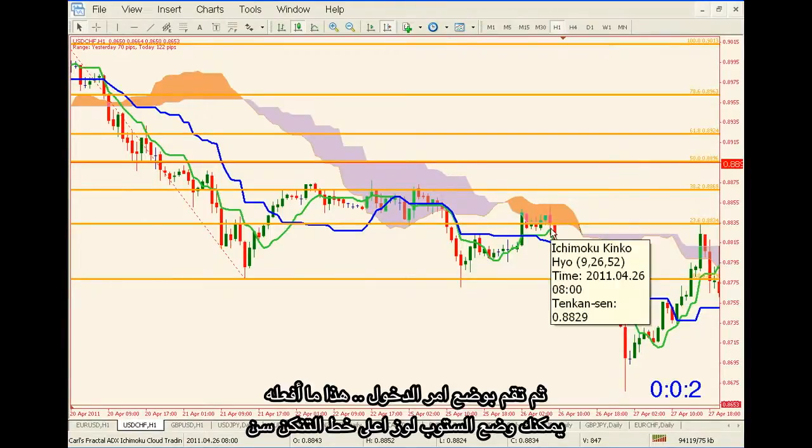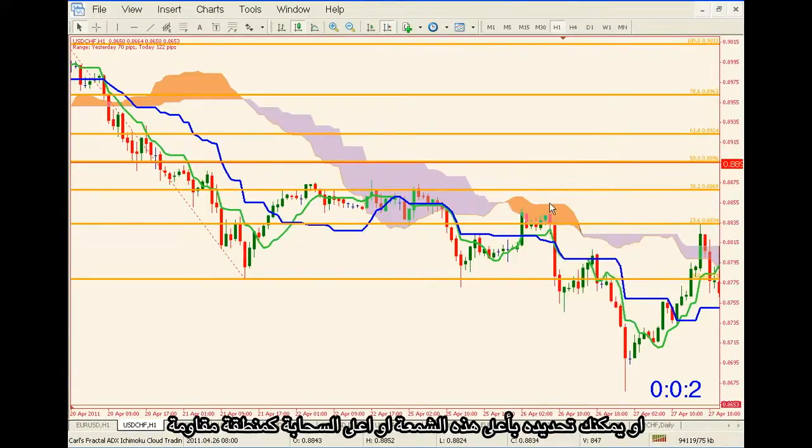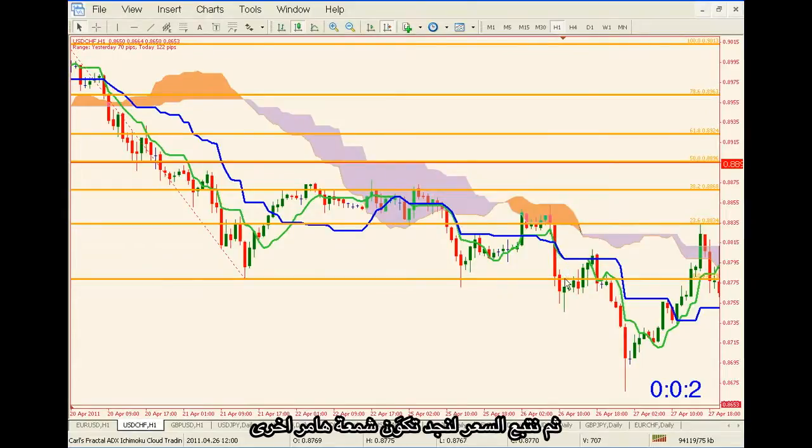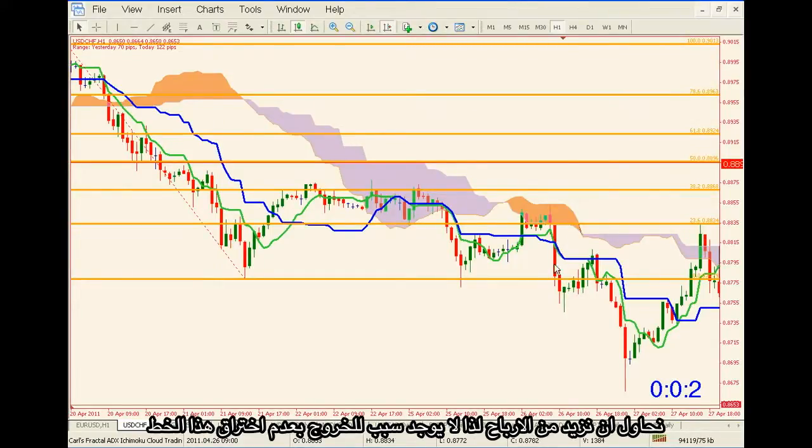And now what I would do, you could put your stop above this green Tenkan-sen line, or you could put it above this candle here, above the cloud, where the prior resistance was. And then you follow it through, and then you get another hammer down here, and if you wanted to, you could get out. But you try to let your profits run, so there's really no need to get out.